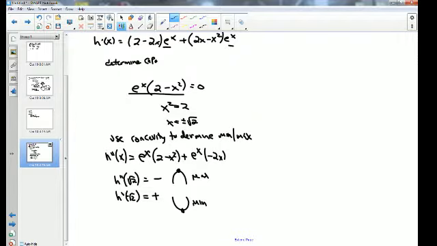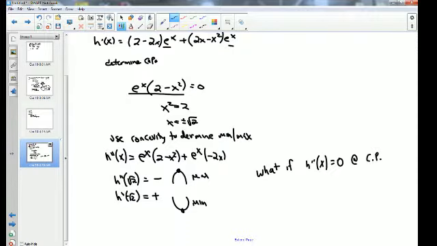What happens if the second derivative is 0 at a critical point? Ideas?